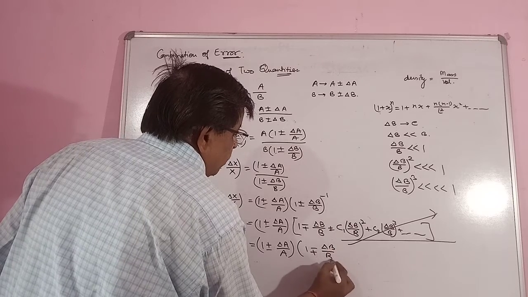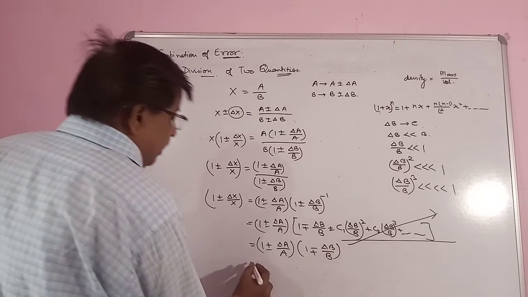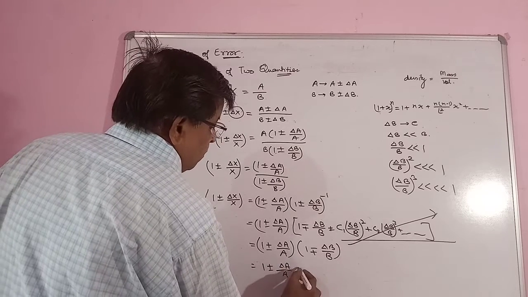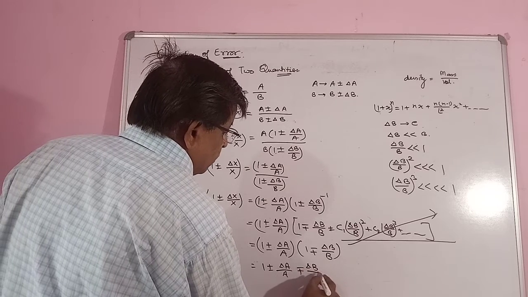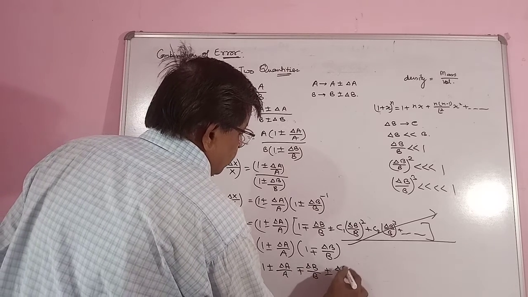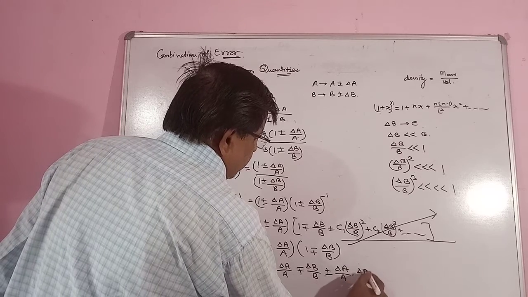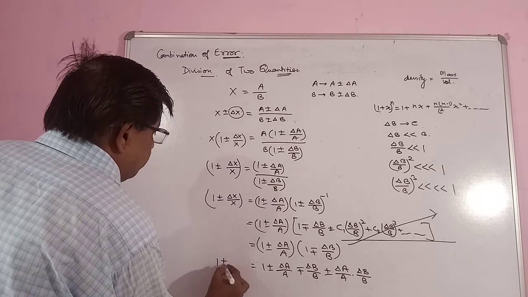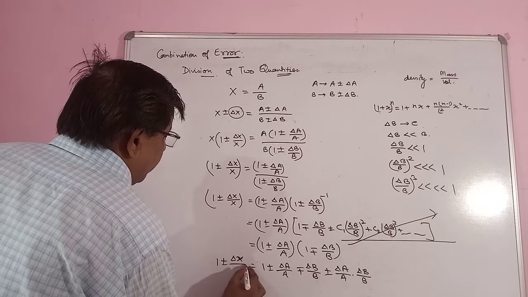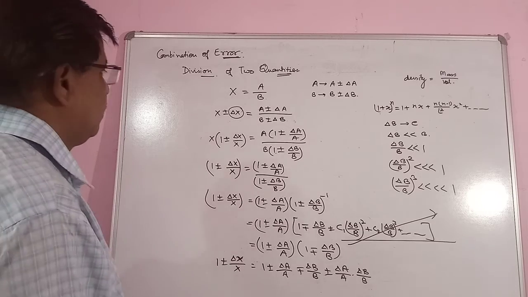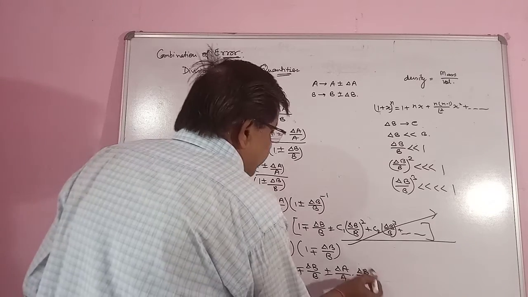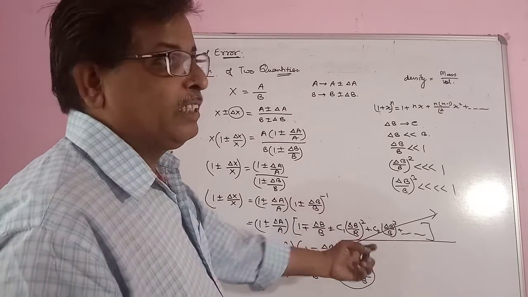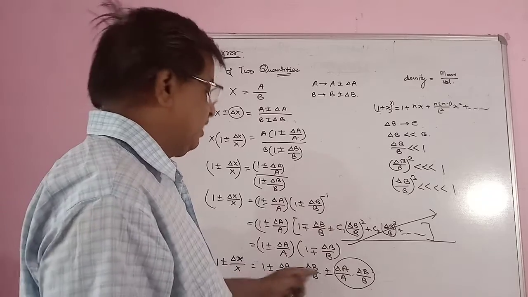Again, on multiplying this we get the terms with delta A upon A and delta B upon B, and the product term. This equals 1 plus minus delta X upon X. This product quantity is very less as compared to 1.